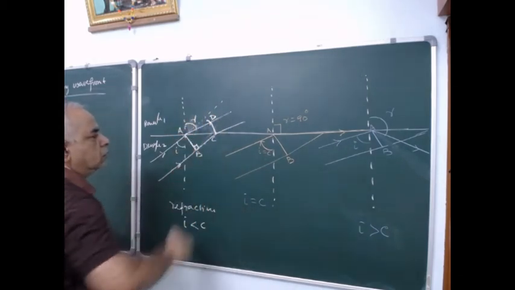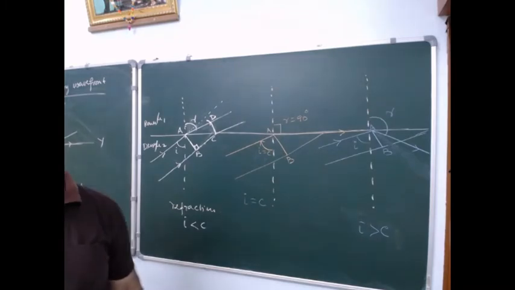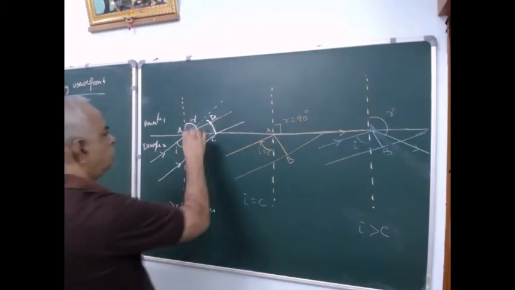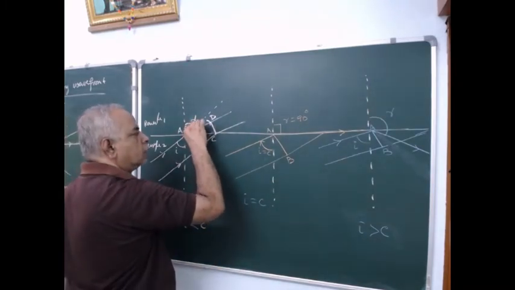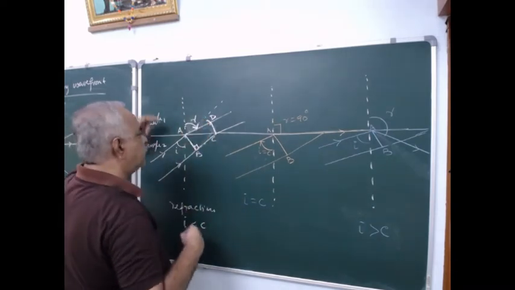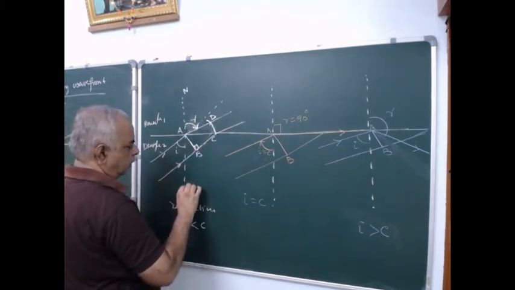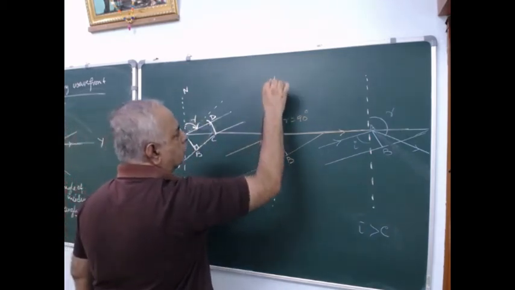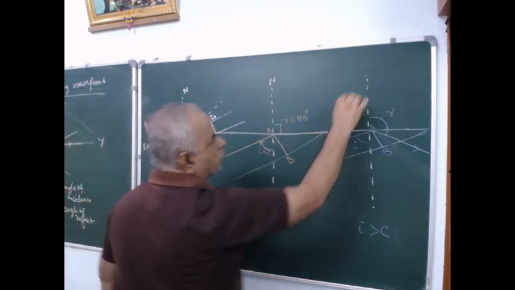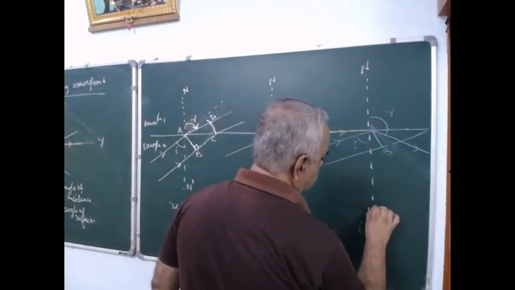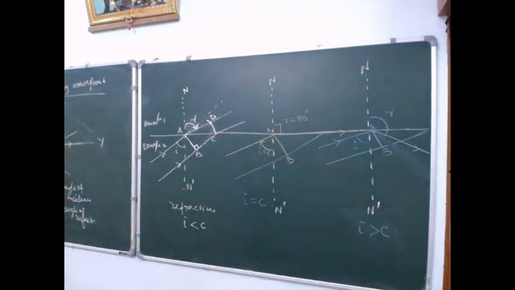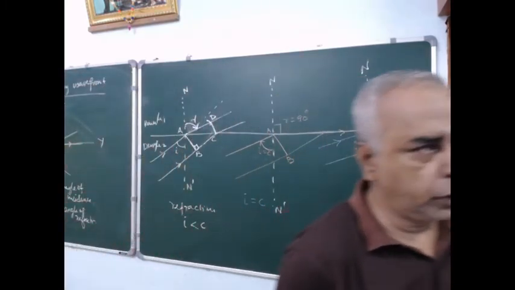I think now the diagram is very clear. Right? So it is shifting in this way, in this direction. Pointed away from the normal, N dash. Okay. Got it?